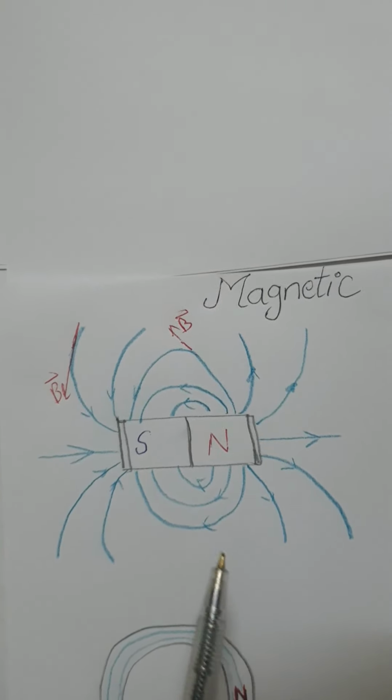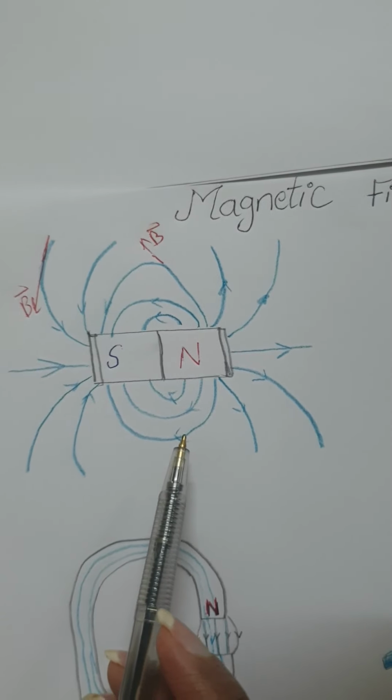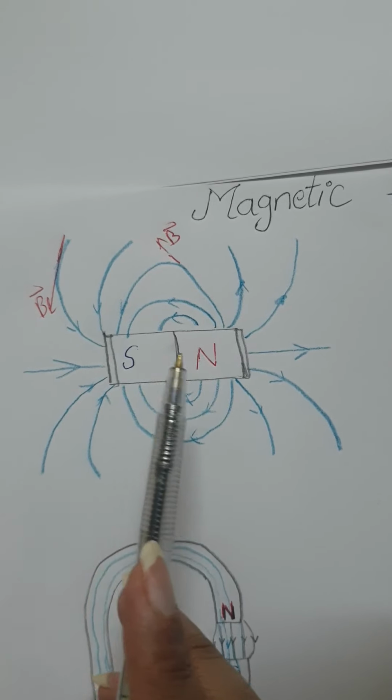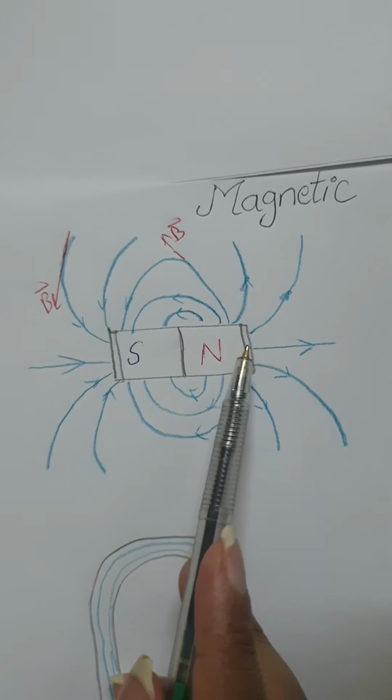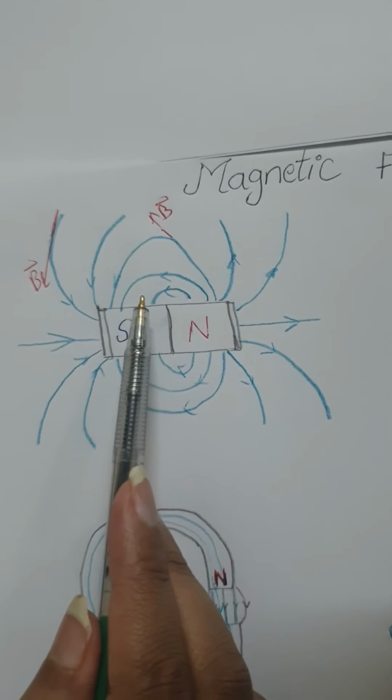So in this figure, here is a magnetic field near a bar magnet, and magnetic field lines are represented here. The lines pass through the magnet and they form closed loops, which are not shown here.